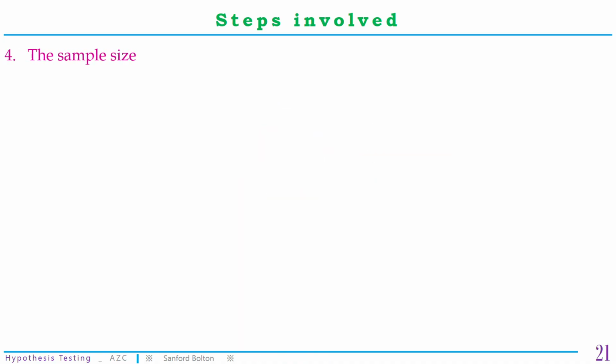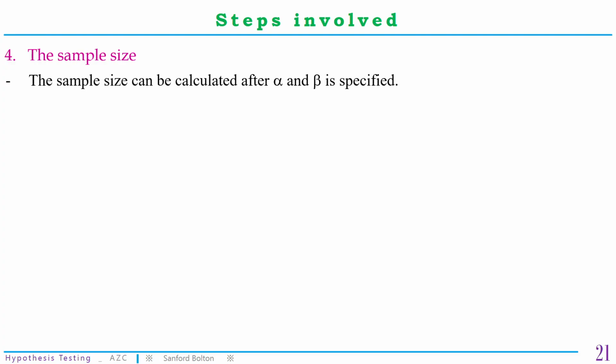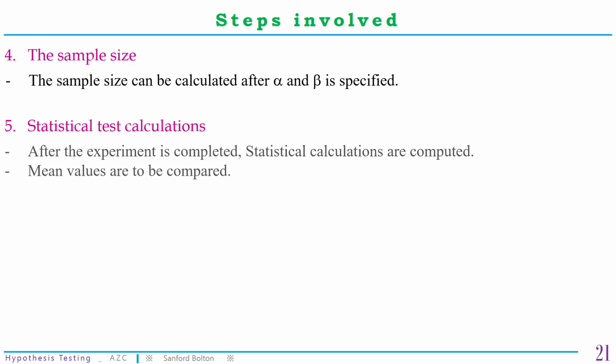The sample size can be calculated after alpha and beta are specified. Statistical test calculations. After the experiment is completed, statistical calculations are computed. Mean values are to be compared.